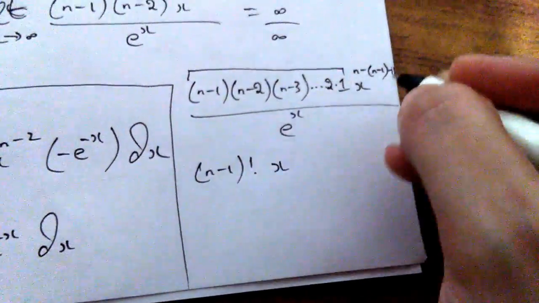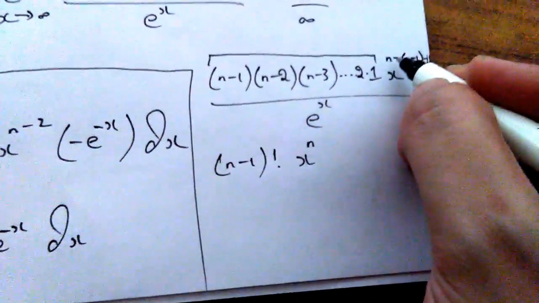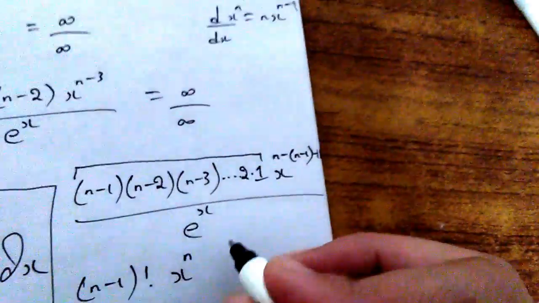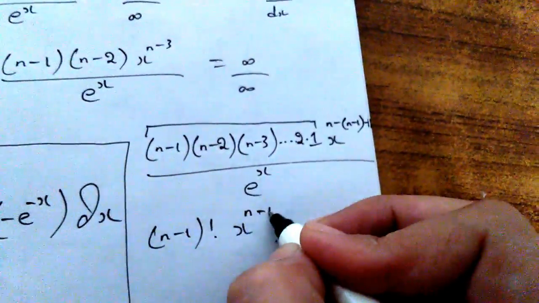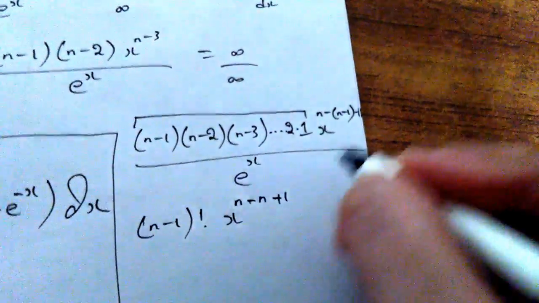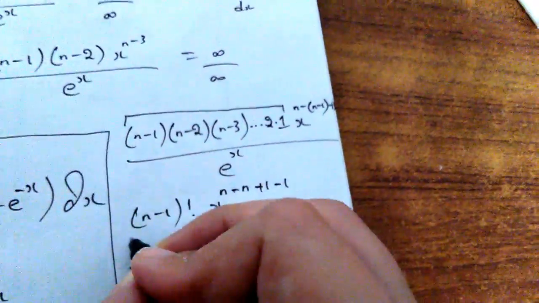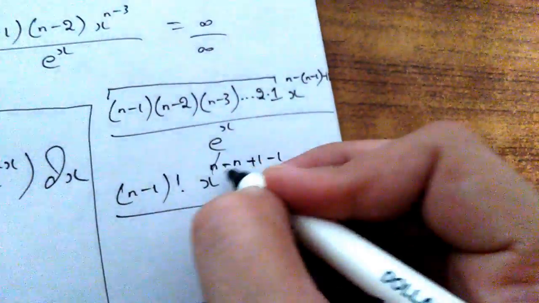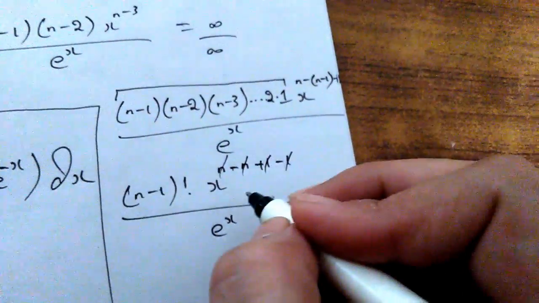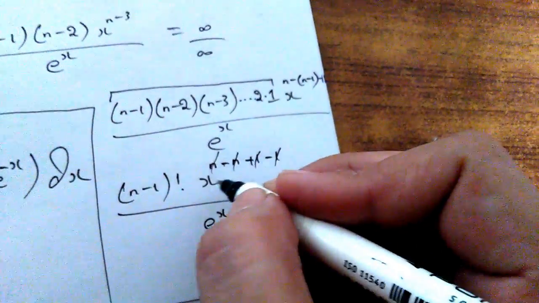Over here, once you sort this out and open the bracket, it becomes minus 1 minus n plus 1, and this is the minus 1 over here. Now this and this get cancelled, and you have x to the power 0, which is 1.